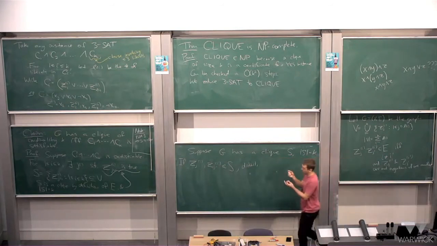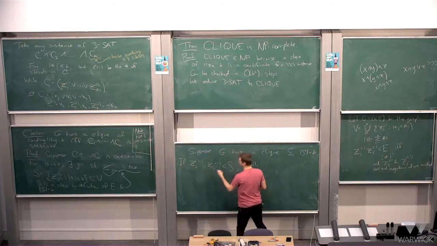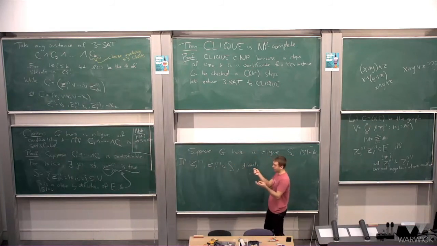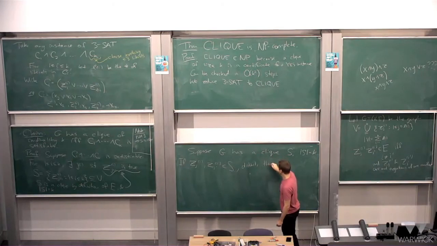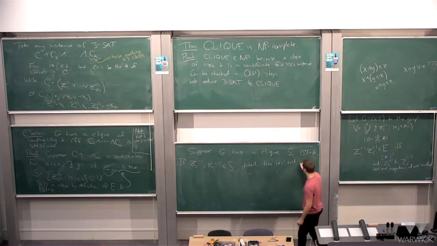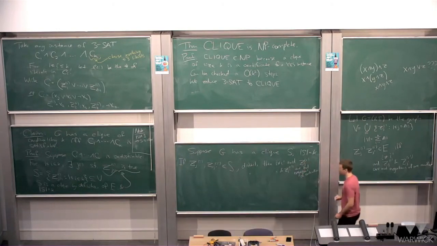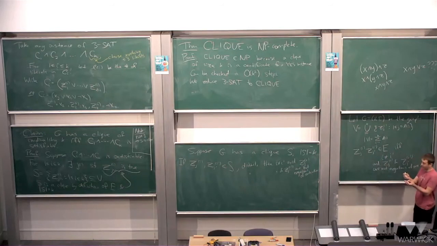If these two things are in S, they're joined with an edge because S is a clique, and so i must be different than i prime, right? And z_{j,i} and z_{j',i'} are not negations of each other. That's the definition of the fact that they're adjacent.